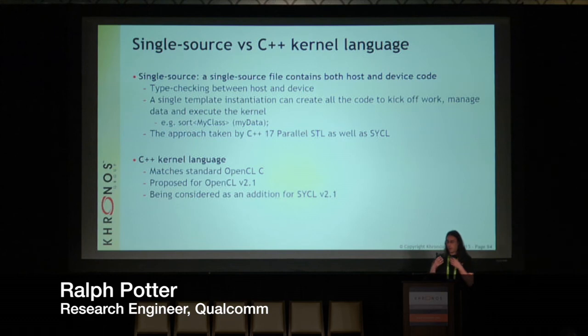I've alluded to what we mean by single source, but to expand upon it, by putting all of your code into a file that is parsed for both host and device code and compiled twice, there are a number of advantages. It means you get strong type checking between the code you're going to build on the host and what you're compiling for the device.